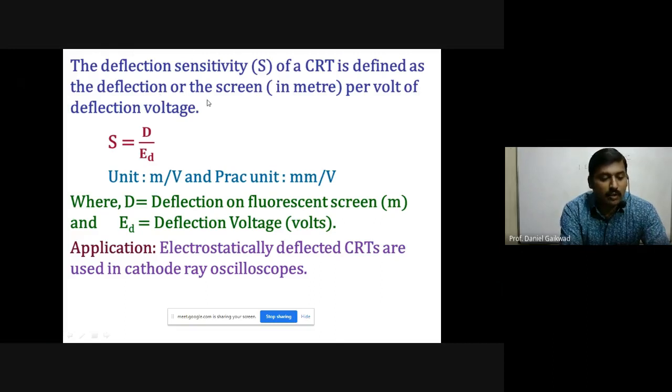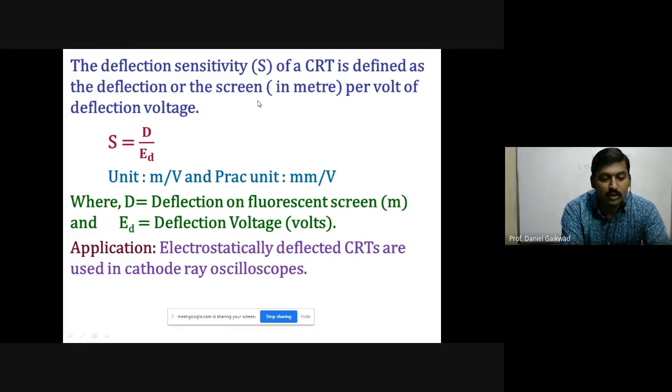So these things we have to write down in the examination in the point of deflections, the electrostatic deflection system. Now we have one small definition, the deflection sensitivity. How to define this deflection sensitivity is very easy. The deflection sensitivity S of a CRT is defined as the deflection on the screen in meters per volt of deflection voltage.